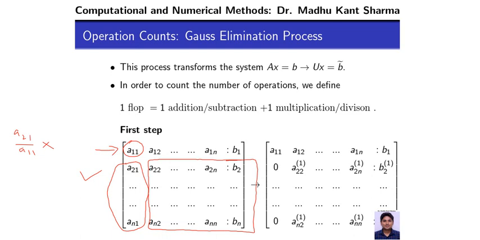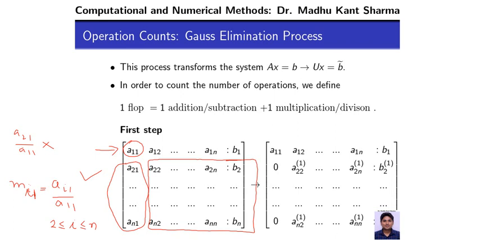For the third row, you have a31 by a11, and so on. So the multiplier for the first step is mi1 equals ai1 divided by a11, for 2 less than or equal to i less than or equal to n. These are the multipliers which are used.